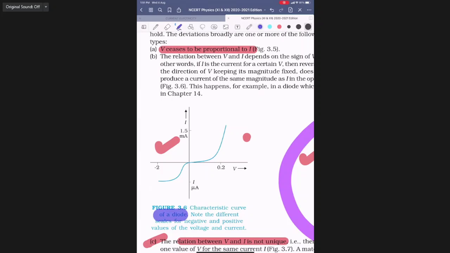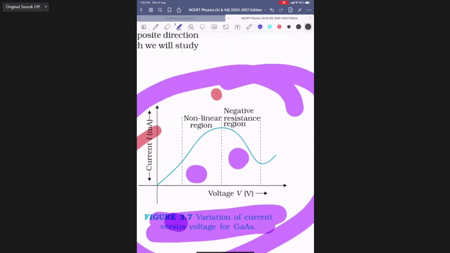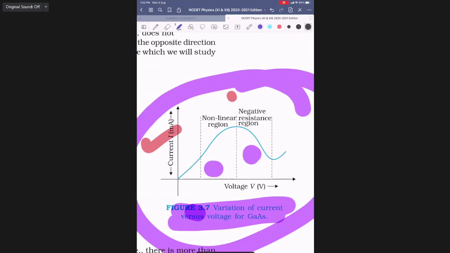Non-ohmic. For which one? Non-ohmic, diode. And see this one? Gallium arsenide. Gallium arsenide is a semiconductor material. Non-ohmic. See the curve? Got it?